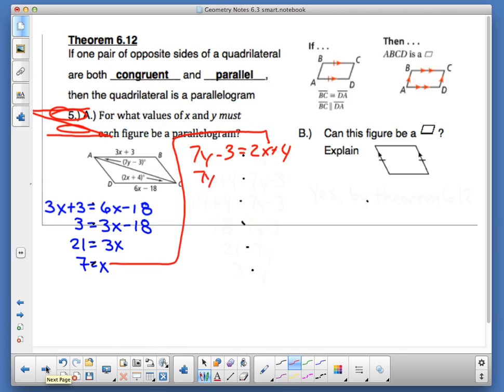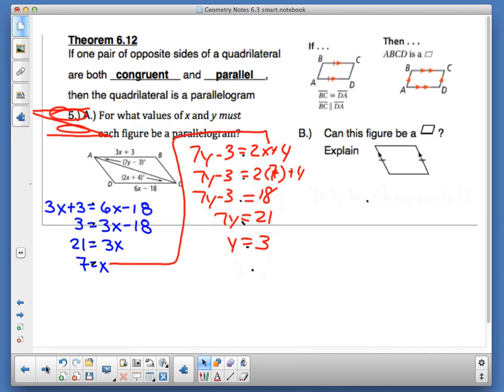So 7y minus 3 is equal to 2 times 7 plus 4, and that's 14 plus 4, which is 18. I get to add 3, so 7y is equal to 21, and y is equal to 3. And I'm able to find my solution for both.